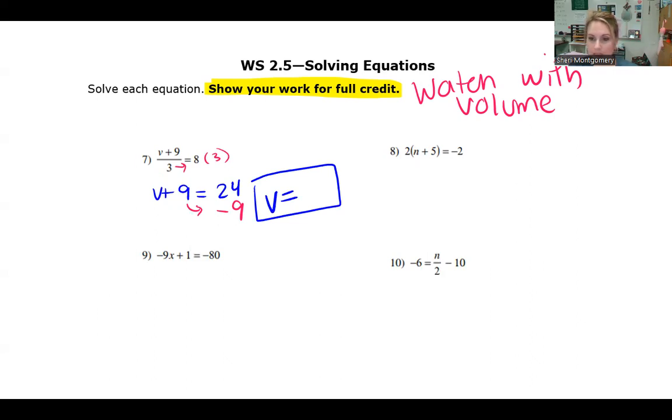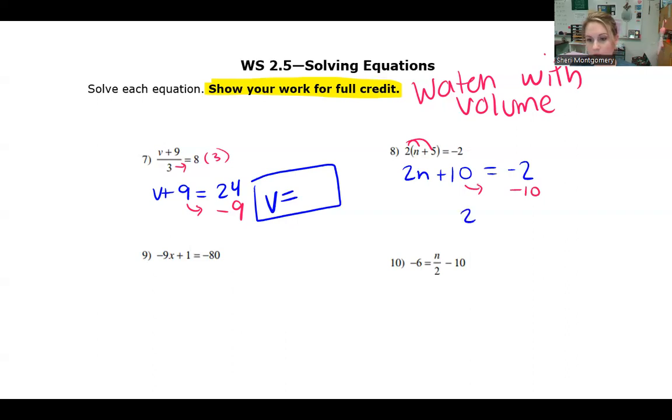Question 8. We can distribute first. That's one way to do it. If we distribute, then we get 2 times n, which is 2n. 2 times 5 plus 10 is equal to -2. This is a 2-step equation. We need to first subtract 10.